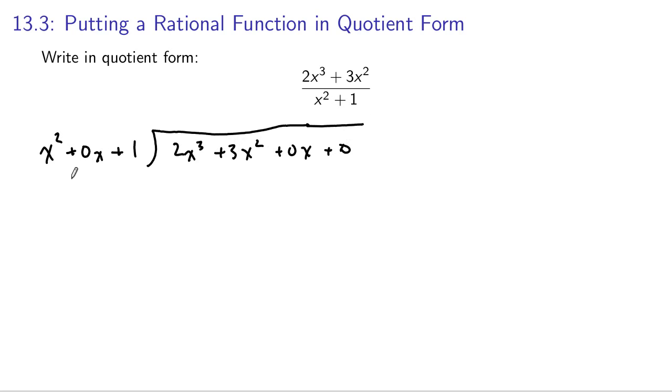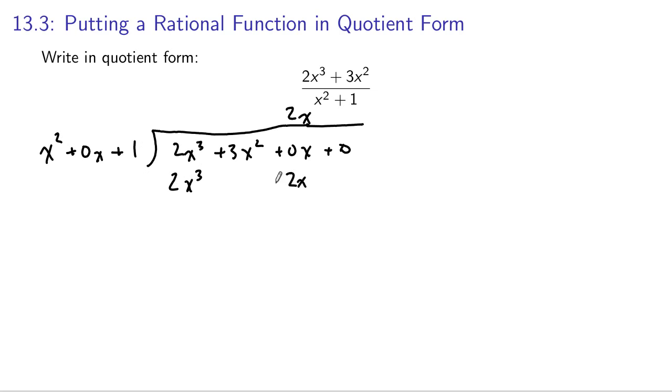Okay, so we have to multiply x squared by 2x to get to 2x cubed. So we'll have 2x cubed, 2x times 0x is 0, and 2x times 1 is 2x.